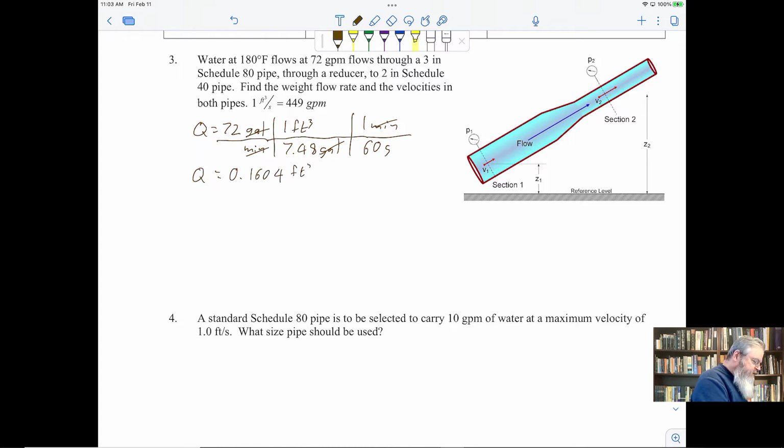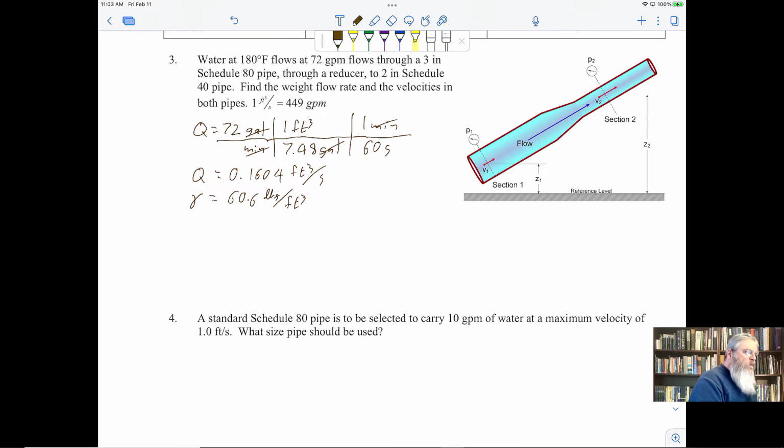cubic feet per second. Let's see, for water at 180 Fahrenheit, if we look that up in table A2, gamma is 60.6 pounds per cubic foot.